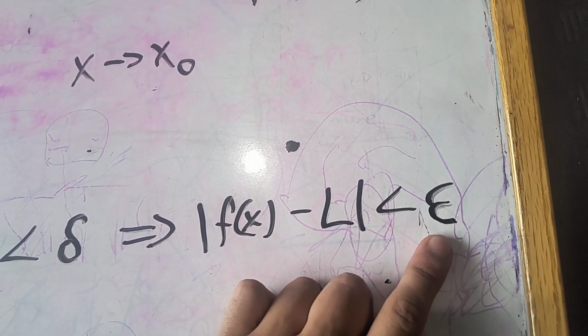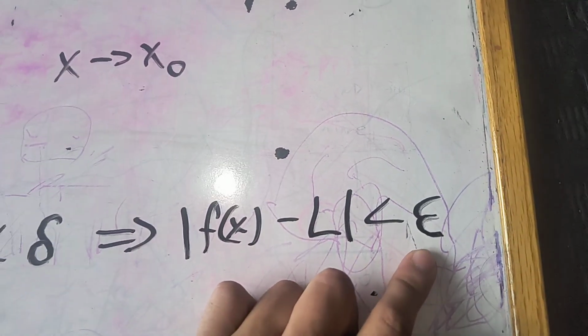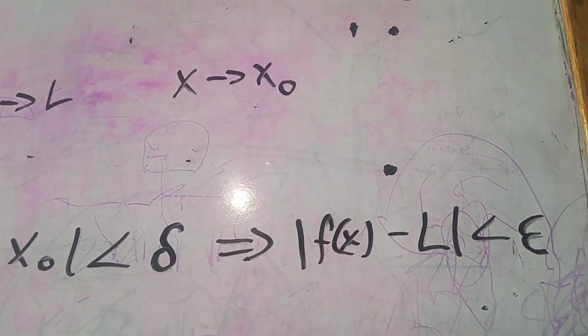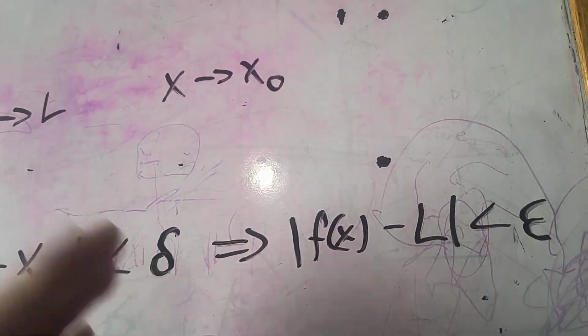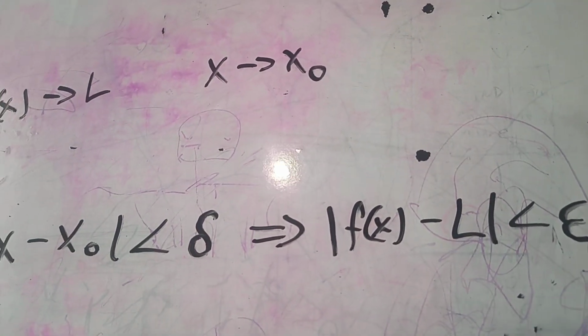Epsilon is that distance. Epsilon will be greater than the absolute value of f of x minus L, which is the error, or how close we are, the gap between f of x and L.